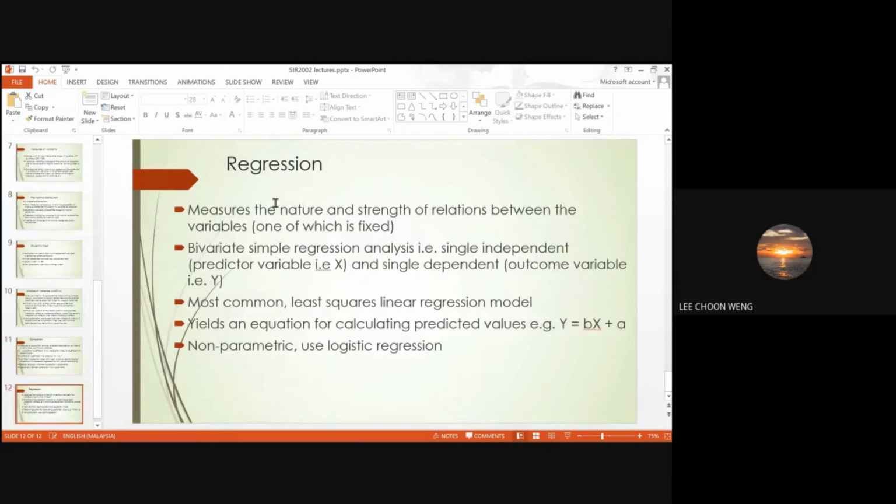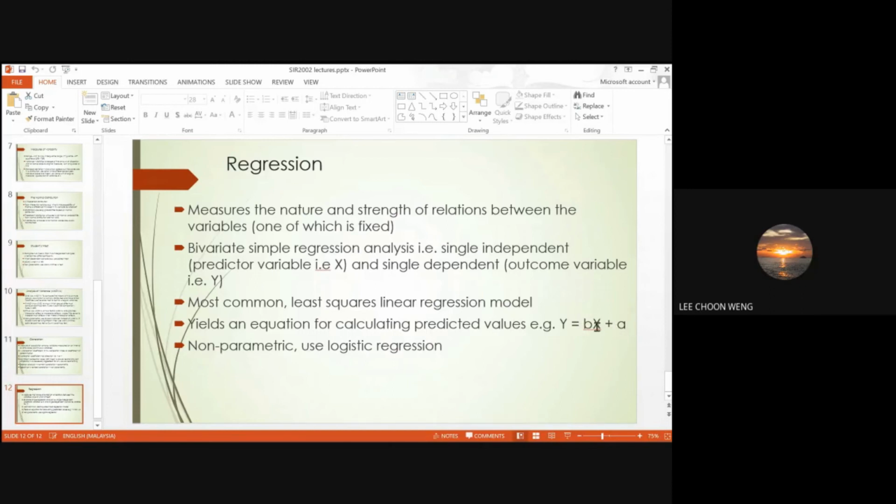For regression, one of the variables is fixed: one is independent and the other is dependent. The most common one that we use is the least squares linear regression model. It will yield an equation, usually in the form y equals bx plus a, where b is the slope and a is the intercept.